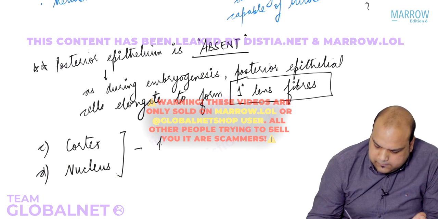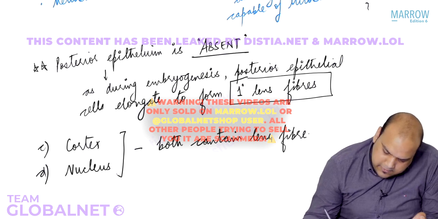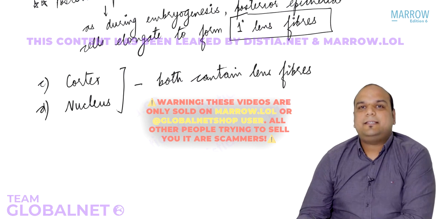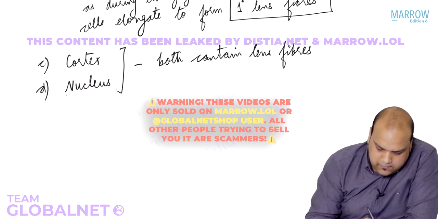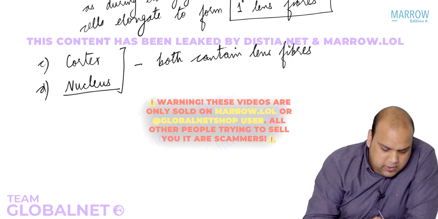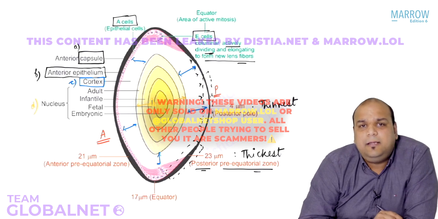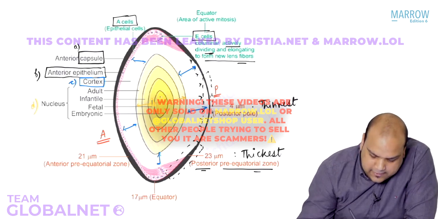Both contain lens fibers. Now, if you carefully saw the image, you would have noticed that the nucleus in the center has actually been divided into 4 parts.